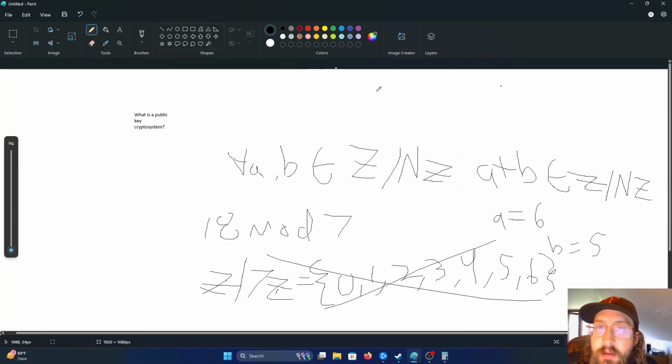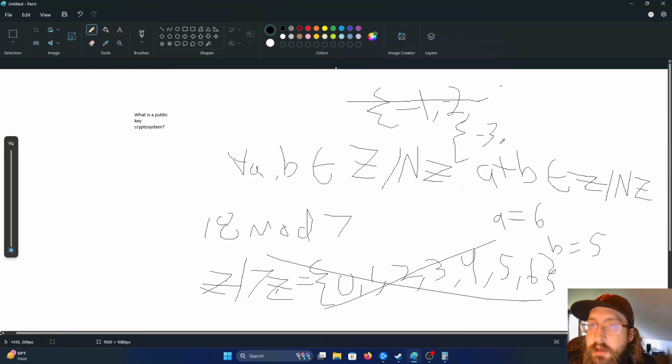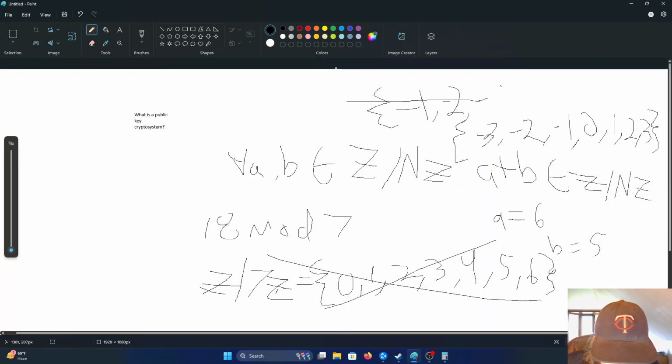So if I had some set like negative 3, negative 2, negative 1, 0, 1, 2, 3, and if we took a equal to negative 3, then there exists some b like 3, so negative 3 plus 3 is equal to 0.